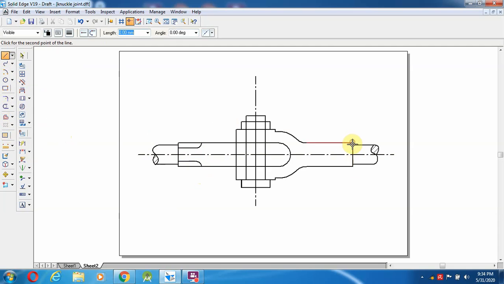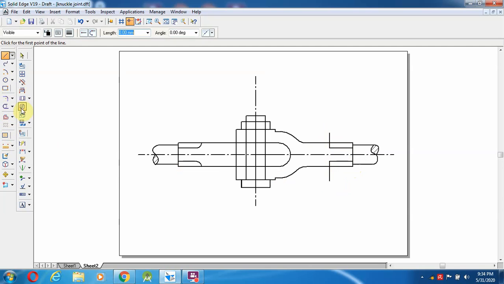So from this end 5 mm, 5 mm and 24 mm distance. Now from here to 5 mm, 24 mm distance, a straight line.